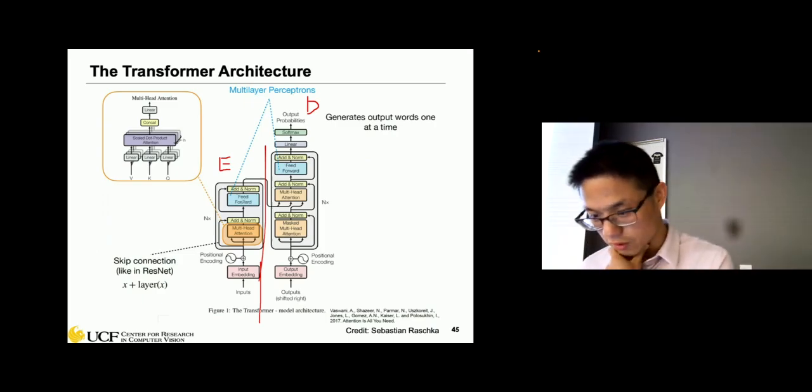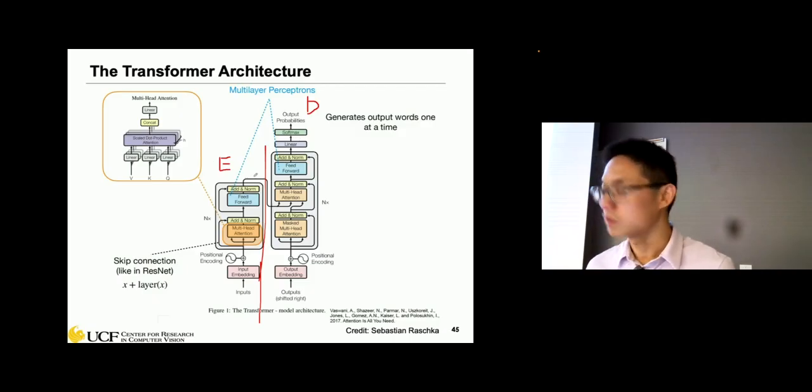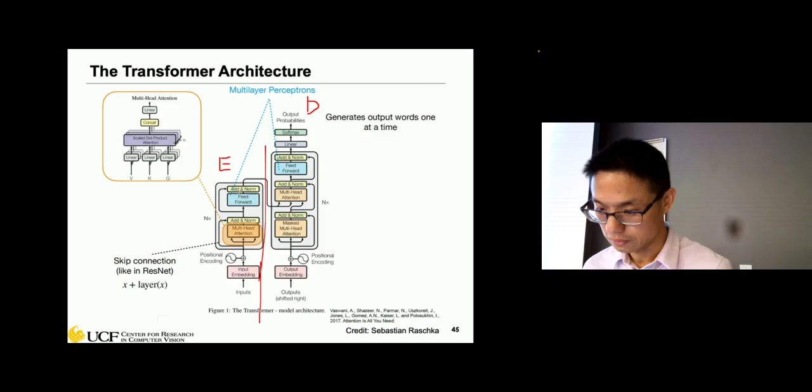So we have talked about the fundamental building blocks, the multi-head attention in the transformer architecture. In the transformer paper, they were doing language translation, so the entire architecture consists of an encoder, on the left side, which encodes the feature representations.